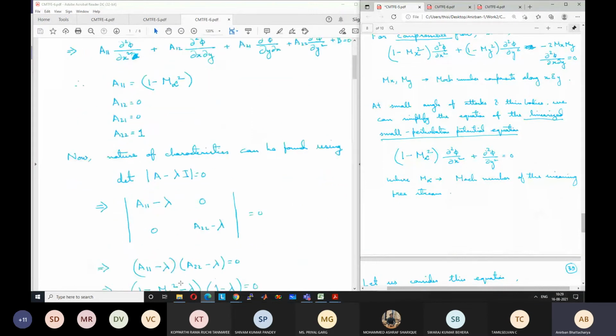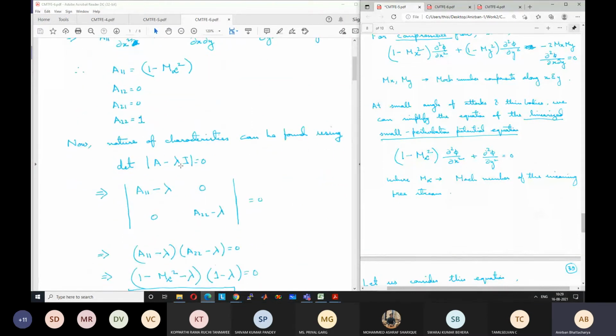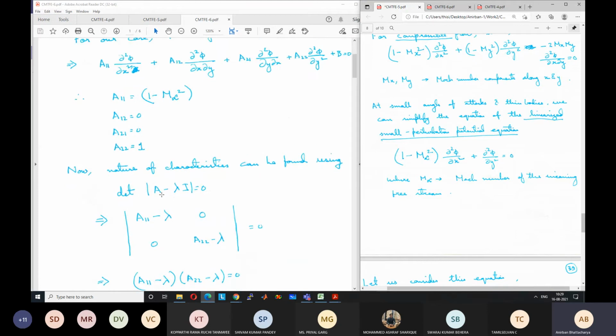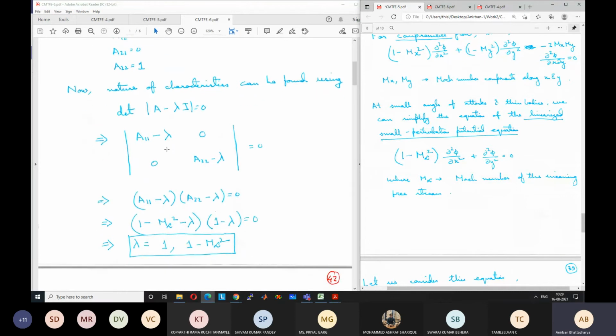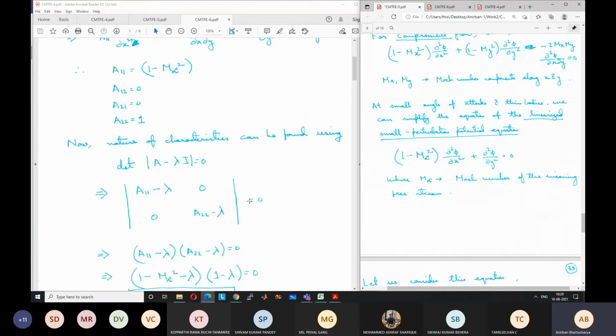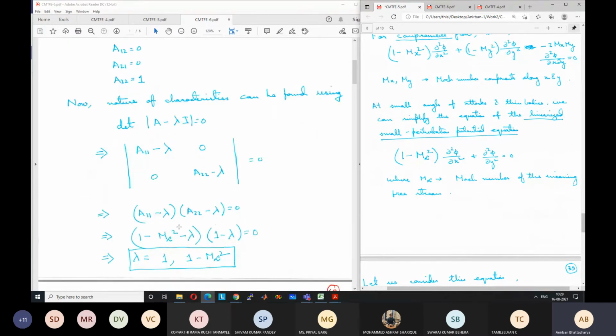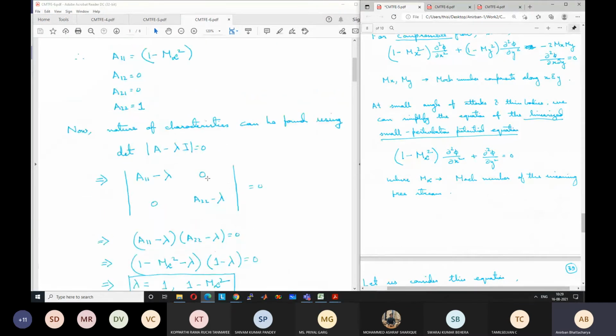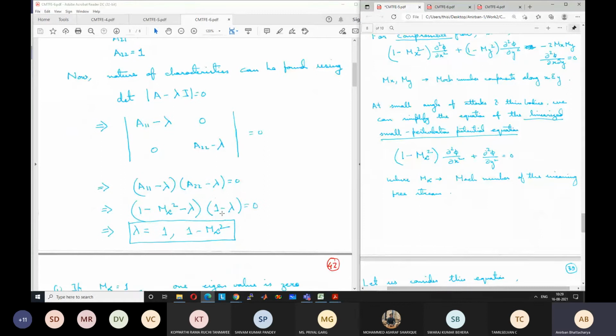So a11 minus lambda, 0, 0, a22 minus lambda equal to 0, or (a11 minus lambda) into (a22 minus lambda) equal to 0. If you replace a11, you get 1 minus M infinity squared minus lambda, and from the second term, a22 is 1, so 1 minus lambda equal to 0. So the two roots are lambda equal to 1 and lambda equal to 1 minus M infinity squared.